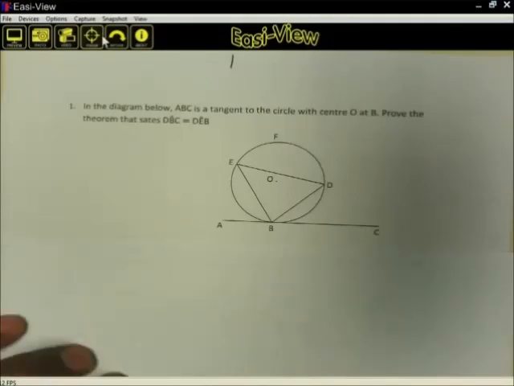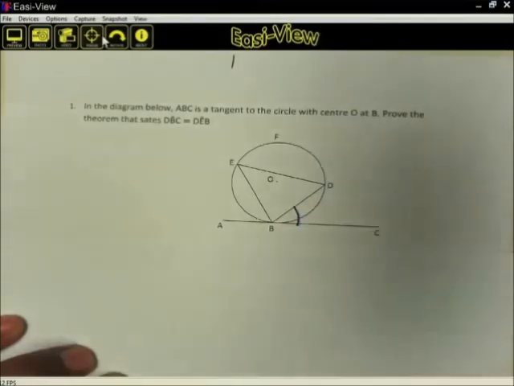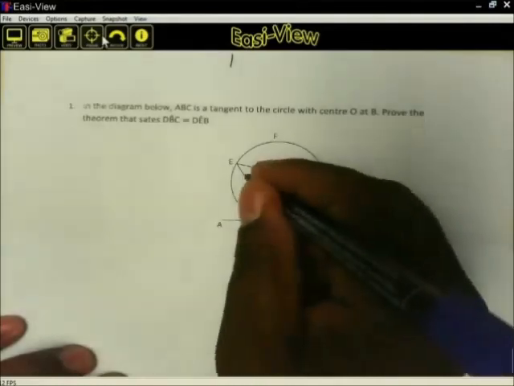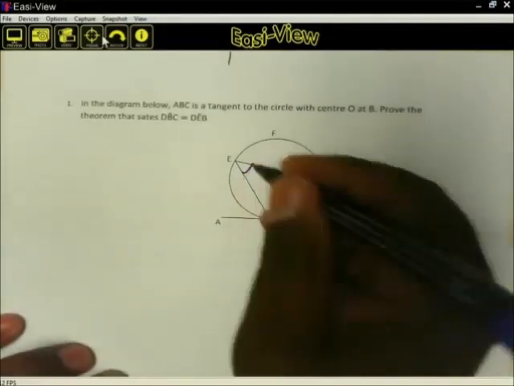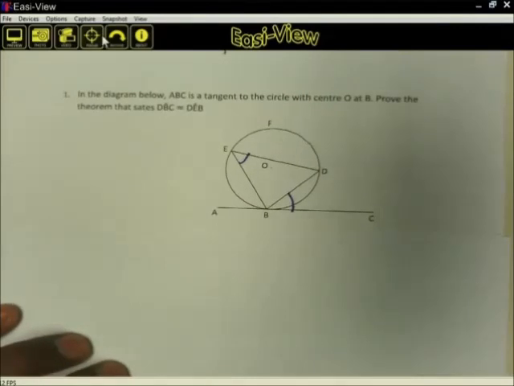We've got to prove that this angle DBC, let me mark it, is equal to angle DEB. The two angles that I've marked must be equal. So that is what we are required to prove.